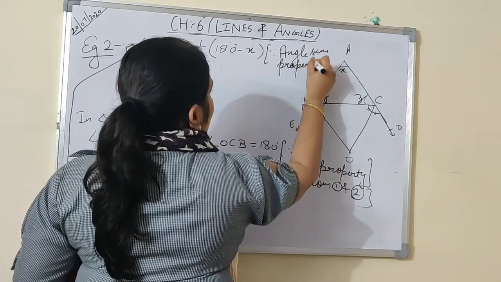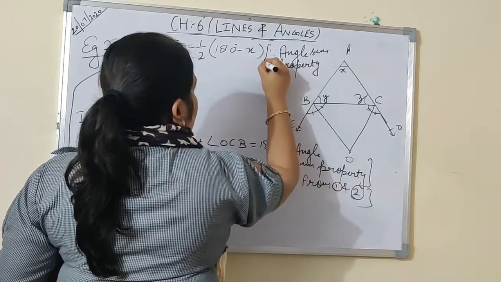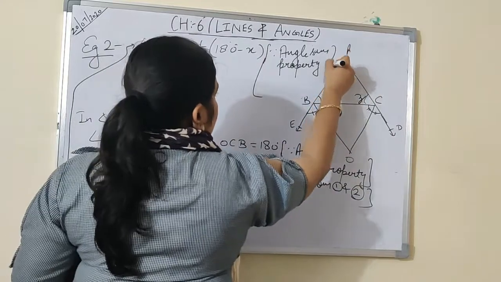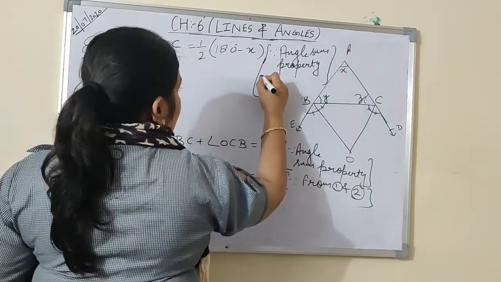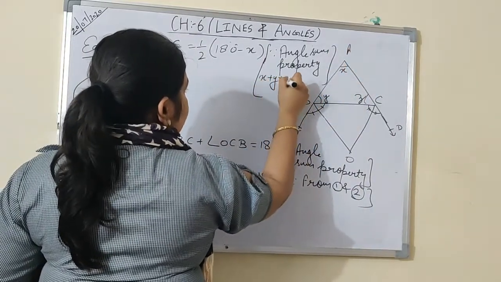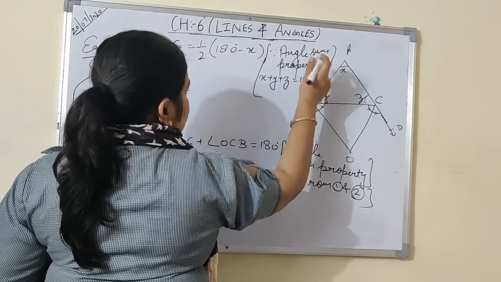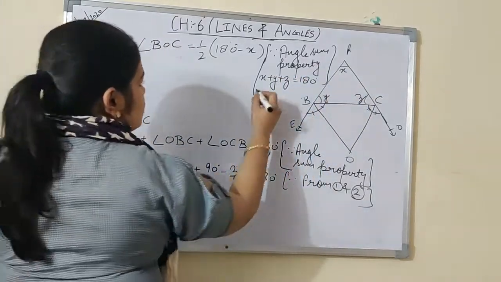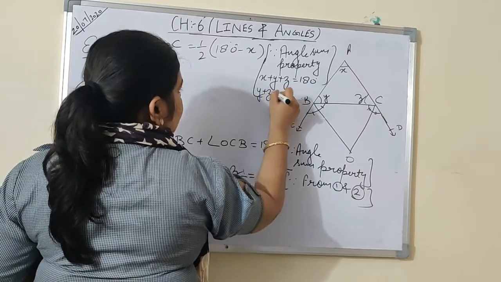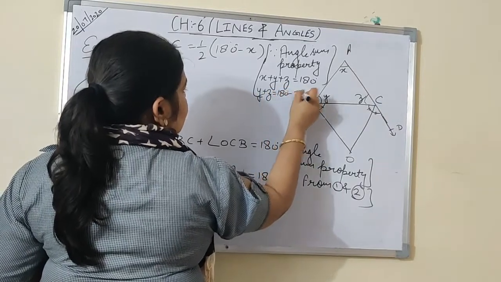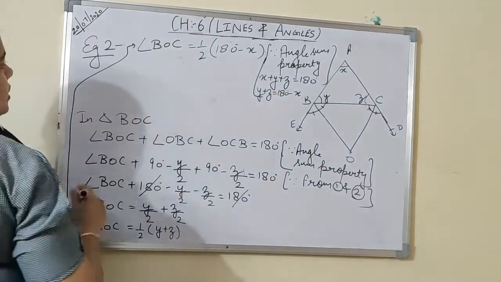I am giving a small description of these angles here. As you know that x plus y plus z is forming 180 degree, so y plus z will become 180 degree minus x.